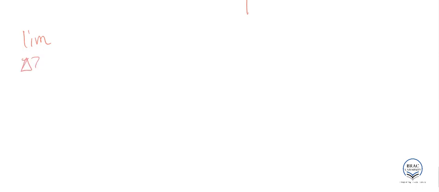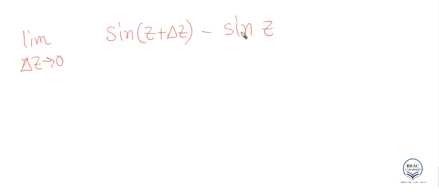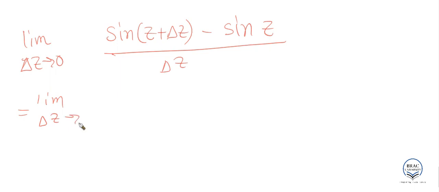So limit del z goes to 0, and we have sine of z plus del z minus sine z divided by del z. And this time we are not going to switch to Cartesian representation. The reason will be evident very soon.